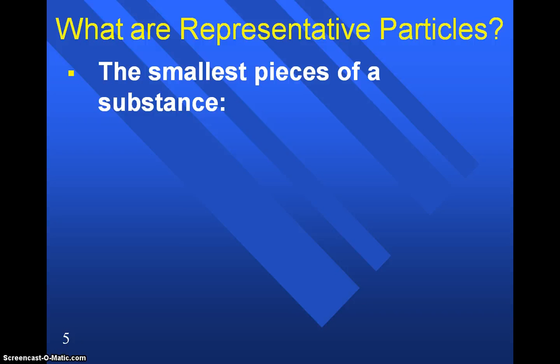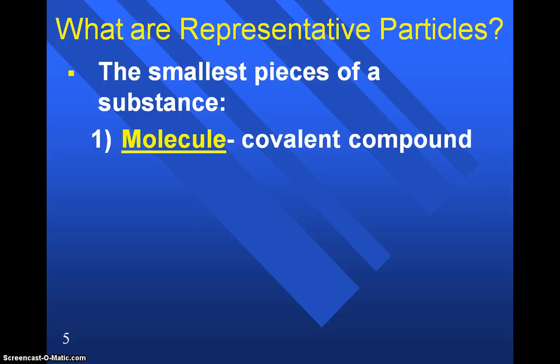A representative particle is the smallest piece of any substance. If we're talking about a covalent compound, the smallest individual piece of a covalent compound is a molecule. So if I have a big cup of sugar, 1 individual sugar molecule, C6H12O6, is going to be a representative particle.